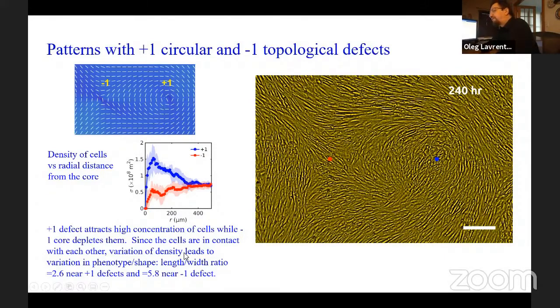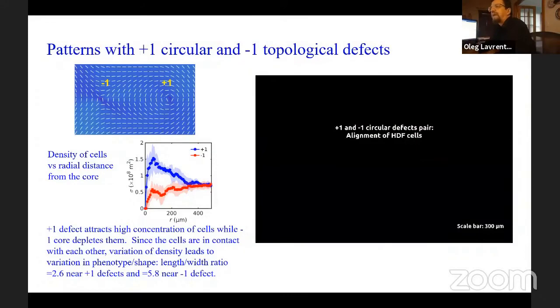The phenotype of the cells is very important for their biological function, for differentiation. And we plan to use this fact in the future to create different types of cells in different places of the orientational pattern.